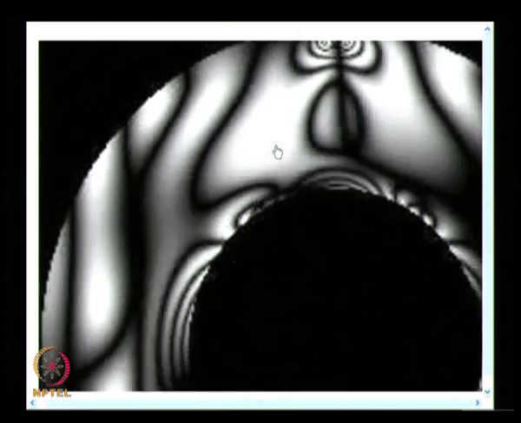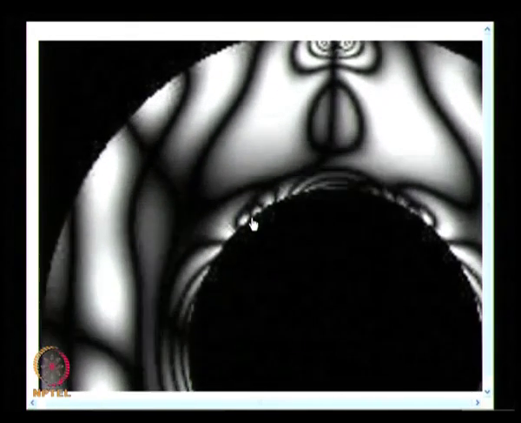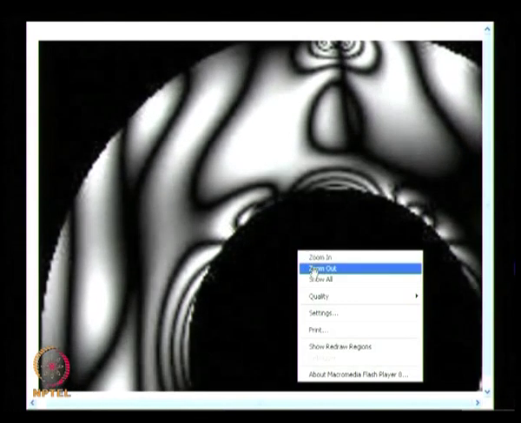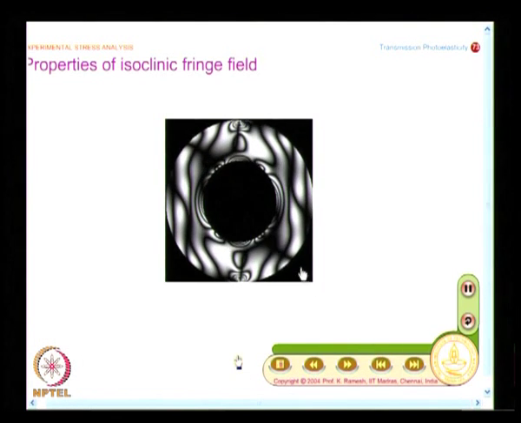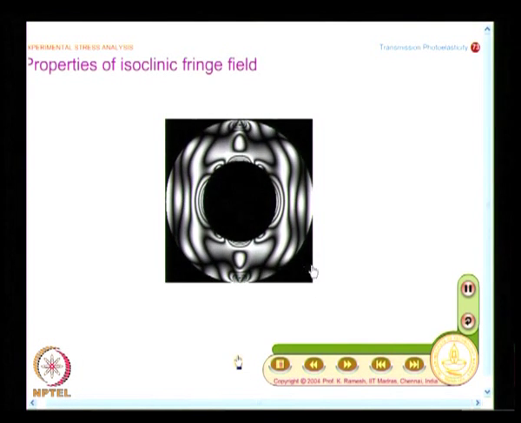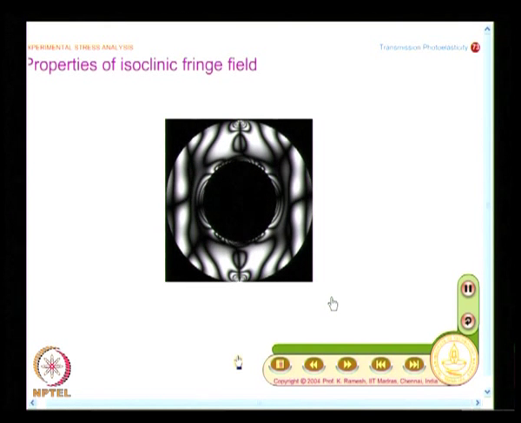When I rotate the polarizer analyzer combination, suppose I take a point like here, one isoclinic comes and goes, that is all. On the other hand, you always have an isoclinic at this point. So, this itself gives you an indication of how to identify the zeroth fringe order. You have an appreciation of that, we will see that in detail.